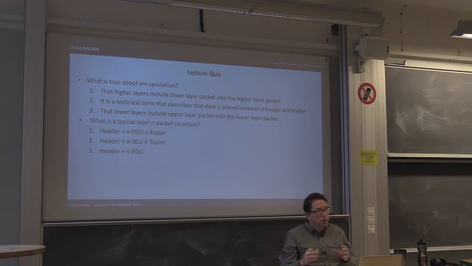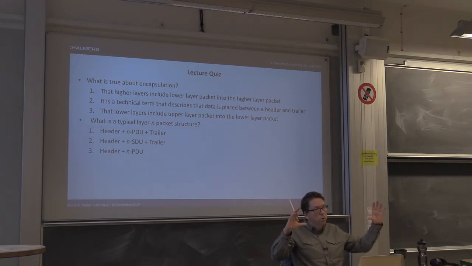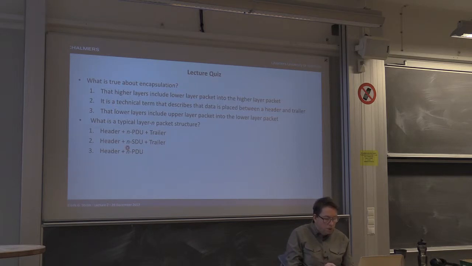If we talk about layer N packet structures, we talk about its PDU, right? And its PDU consists of the service data unit that it got from above, and a header, and sometimes a trailer. So this is a possible correct answer. This one is wrong, because the header is included in the PDU.